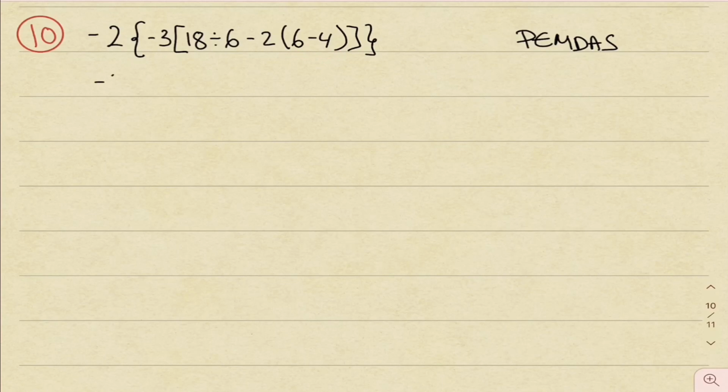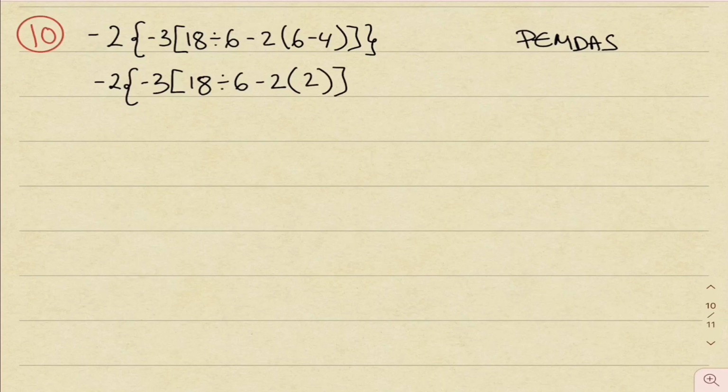So I'm going to rewrite negative 2, negative 3, 18 divided by 6 minus 2. And in parentheses, I have 6 minus 4, which is 2. Now I see that I have braces and brackets, and of course I have to do the same thing, work with the innermost parentheses, which in this case is what's inside these brackets over here.